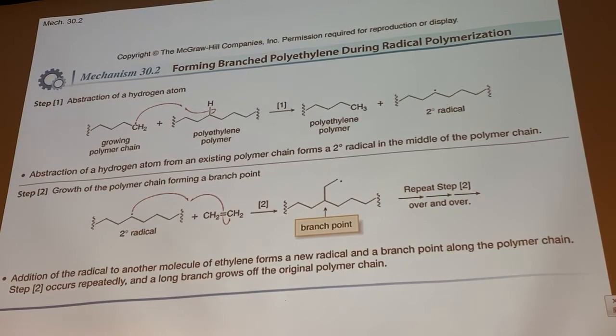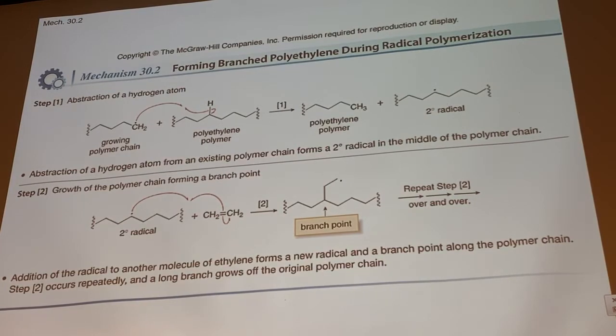So the question should not be how the branches are formed. The question should be, how do you avoid forming the branches? And the answer is, you cannot avoid forming branches if you are using radical polymerization to generate polyethylene. So to form high-density polyethylene, we're going to need a different form of polymerization, which is one of the subjects that we will get into on Monday in class.